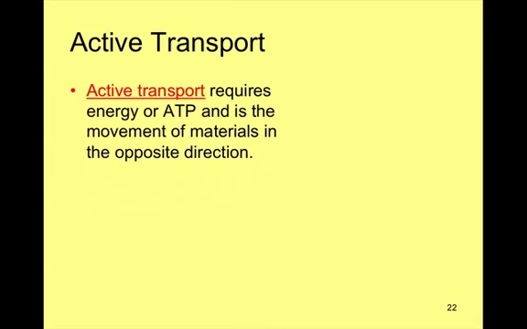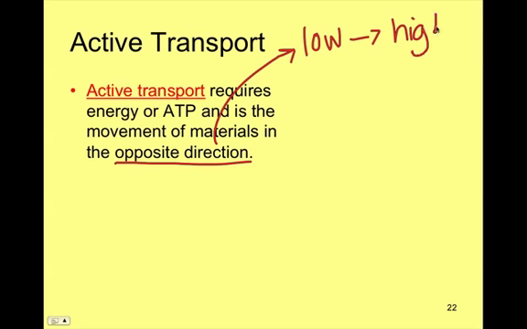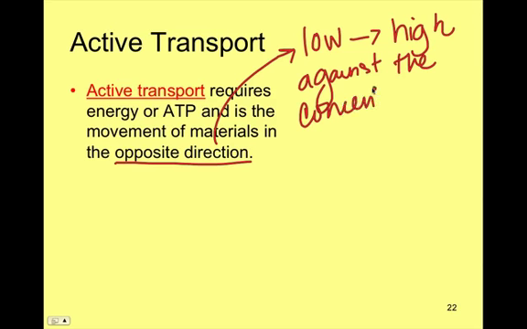So when we're talking about moving materials in the opposite direction, this means that the materials are going from a level of low concentration to a level of high concentration, or what we call against the concentration gradient.